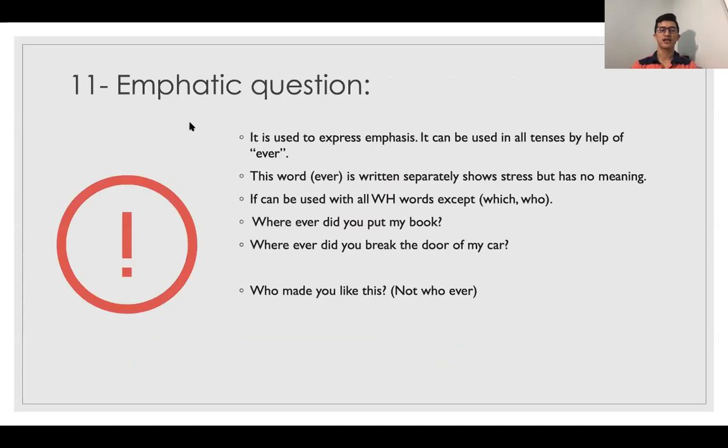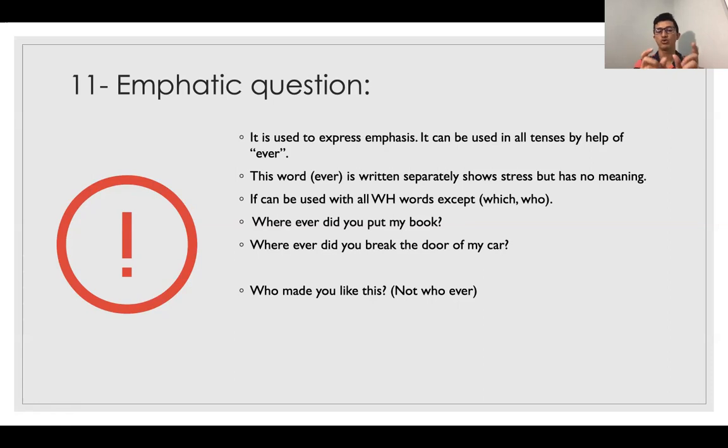The last kind is the emphatic question. It is used to express emphasis. Okay, it can be used in all tenses with the help of ever. So usually they use ever as a separate word. Remember, not joined with the question word, like together. If you use together, it gives a different meaning.